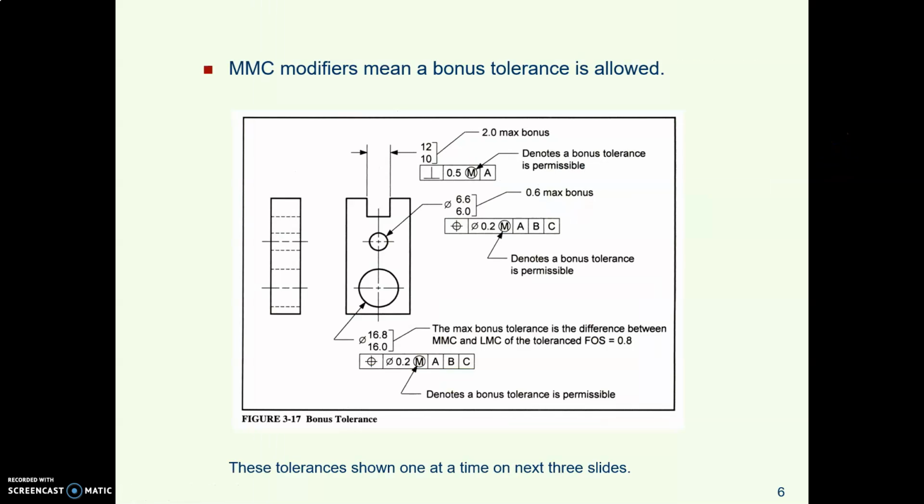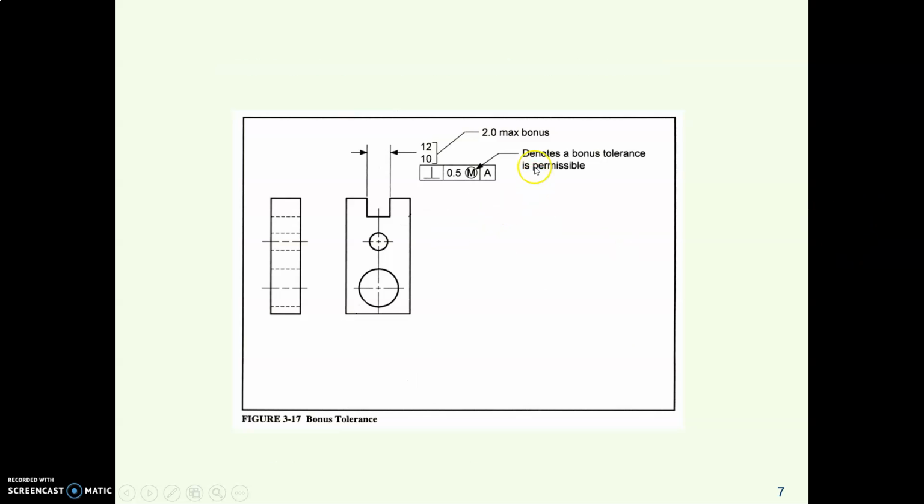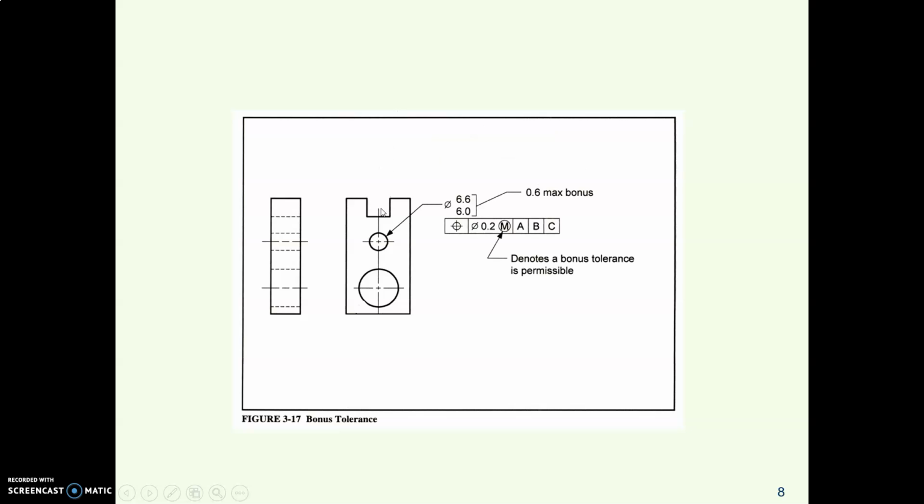So when you have a part that has an M in the feature control frame, that means you can have a bonus tolerance. This part has 3 different geometric tolerances. There's a slot, a hole position, and another hole position. So here's the geometric tolerance on that slot position. Here's the geometric tolerance on the smaller hole position.